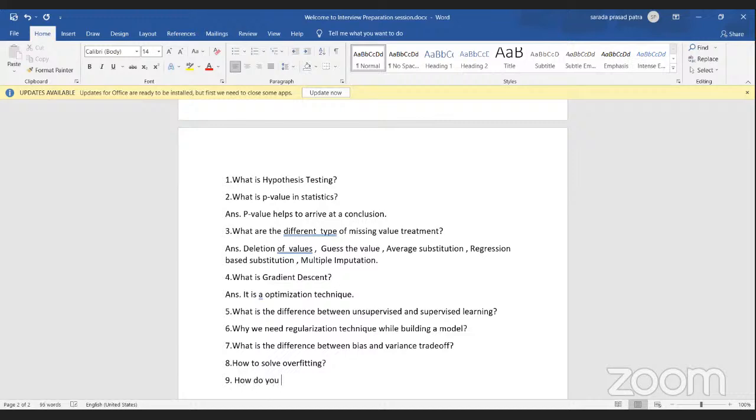How do you detect the presence of overfitting in a model? It's an easy question.